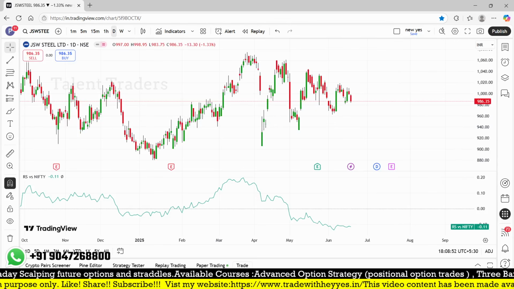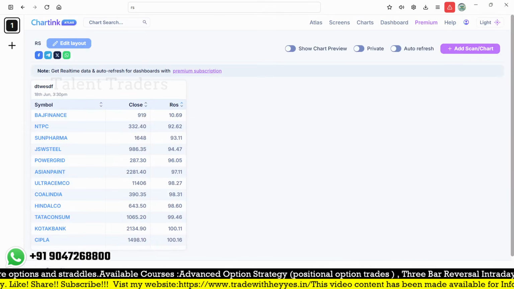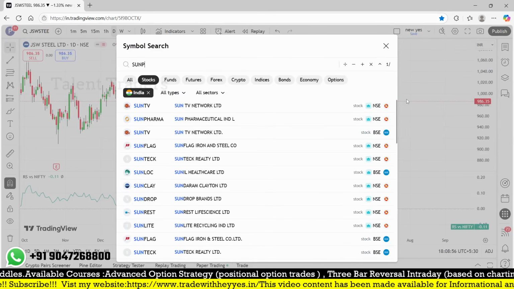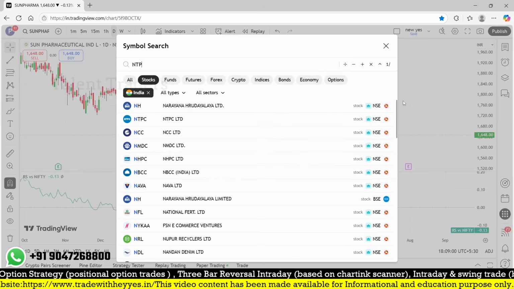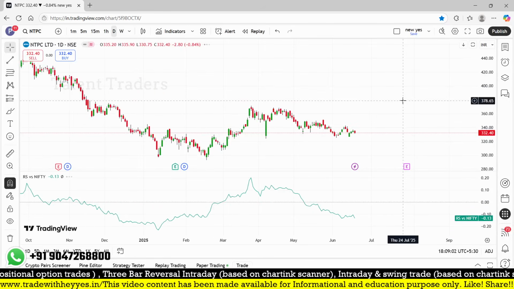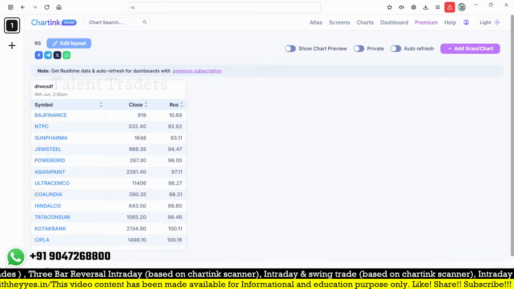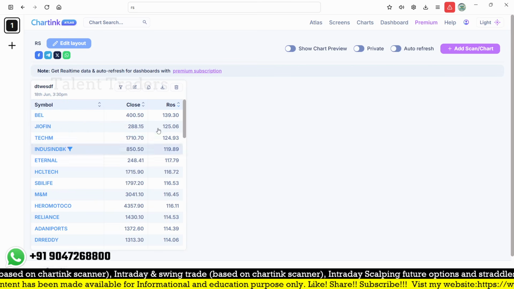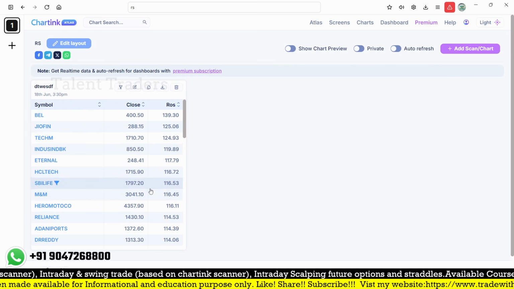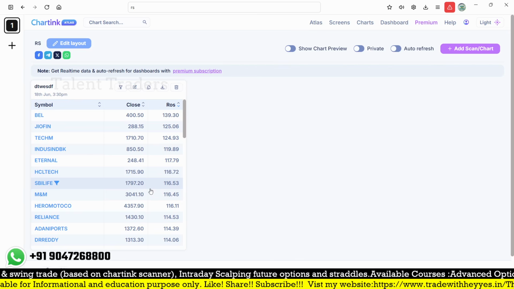Okay. And one more thing, NTPC, Sun Pharma. Let me check Sun Pharma, and that is also below 0. And NTPC. So likewise, you may select some of the stocks which are giving you better performance over the Nifty. So you may look for those stocks for short term or long term investment.